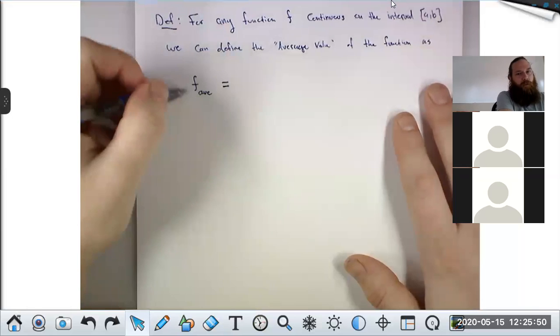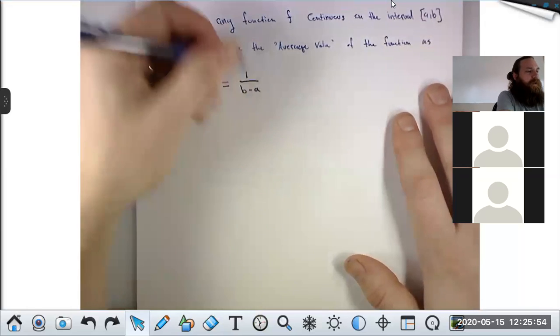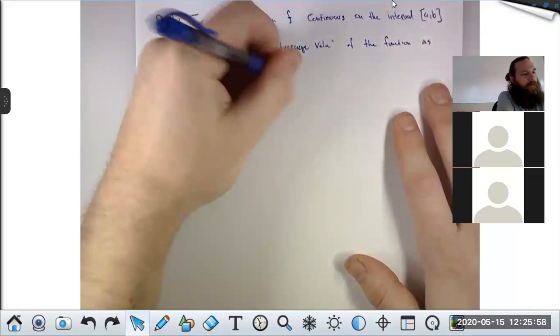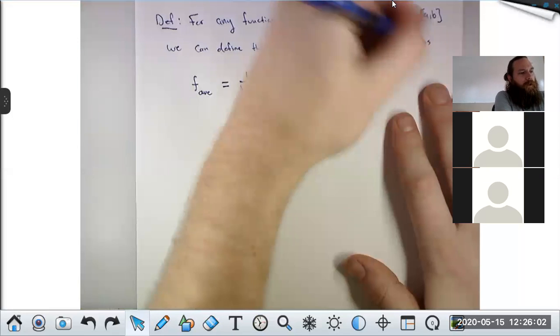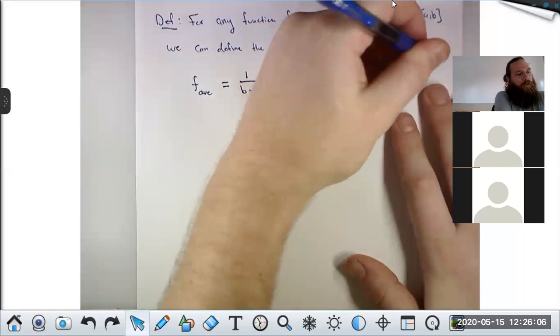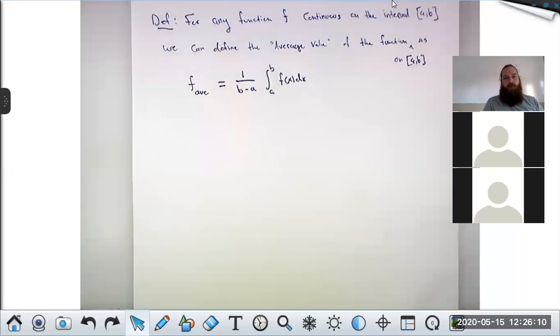This is just a number. It's 1 over b minus a times the integral from a to b of f of x dx. Average value of the function on the interval a, b. Right, this is the average value for f of x as x runs over the interval a to b.